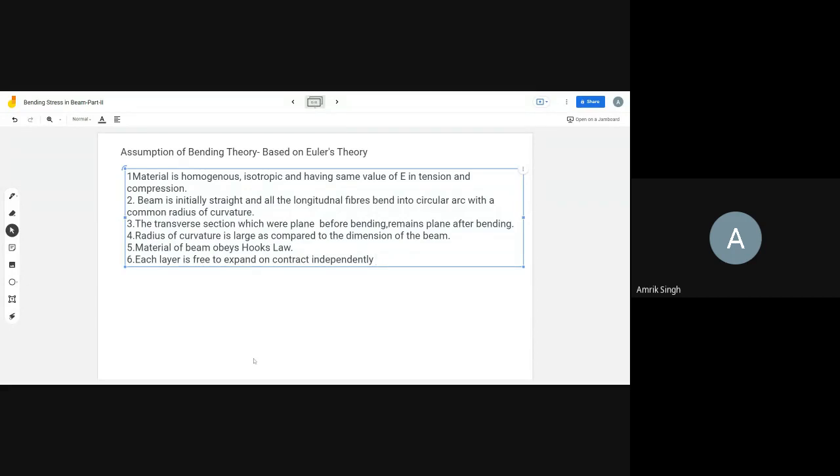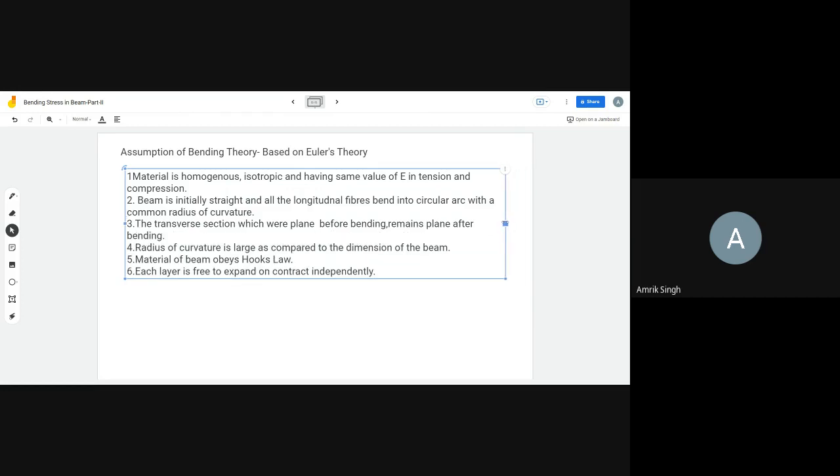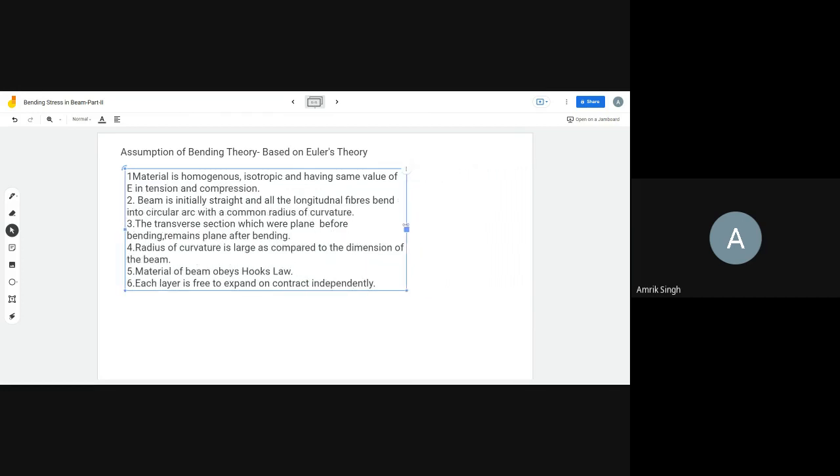Okay. So these are the six assumptions. Let us discuss them one by one so that the things are clear to you.